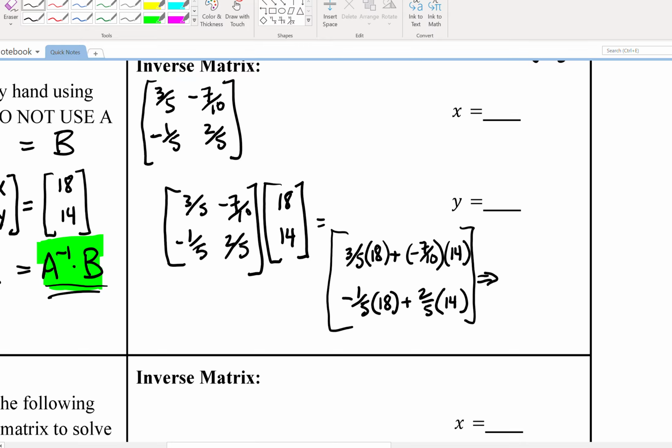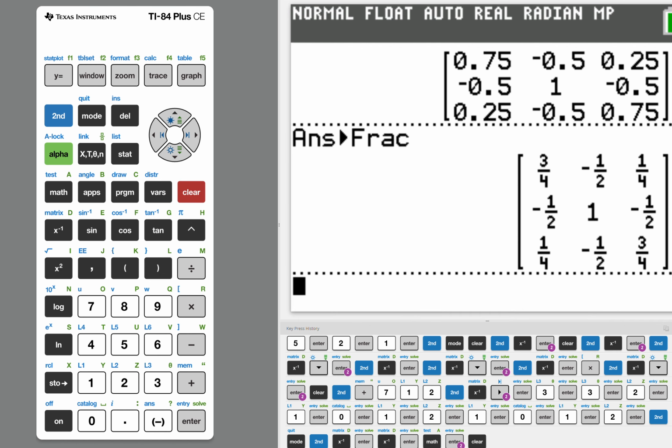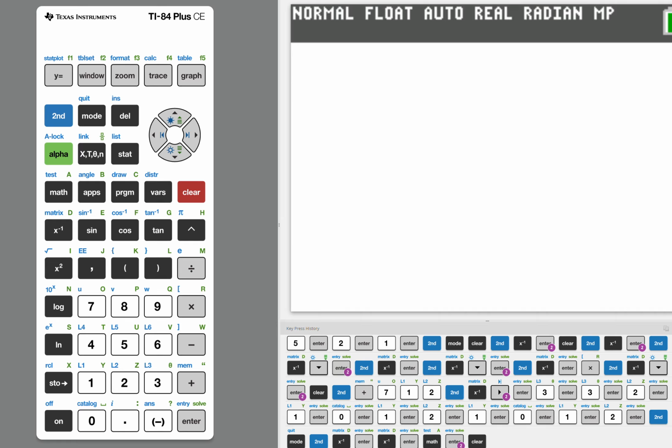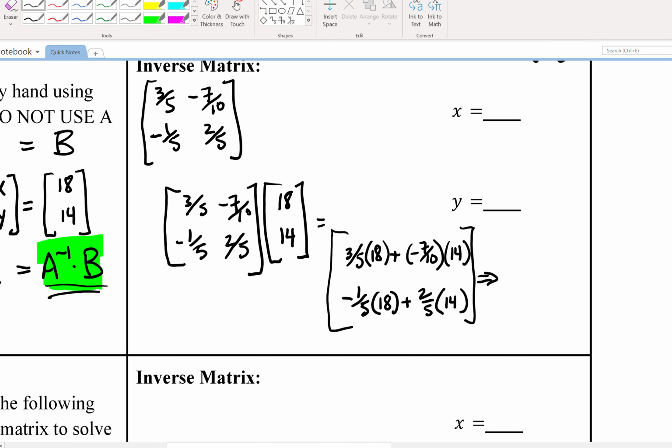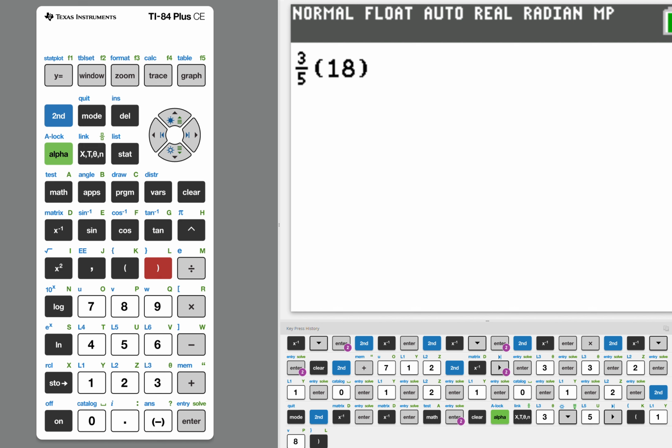I can also use my calculator. So I'm going to use my calculator: 3/5 times 18. I'm going to use the fraction button up here. 3/5 times 18 plus negative 7/10 times 14.